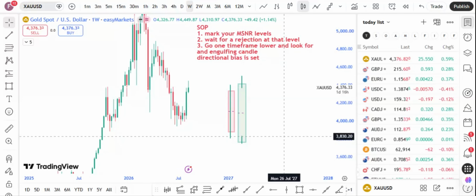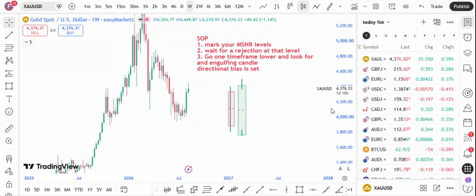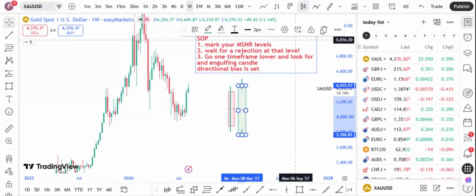Now, there are other types of bullish and bearish engulfing, but I'm not going to explain that in this video. I'm just trying to make you understand that once you see an engulfing candle down here, you know what to do.